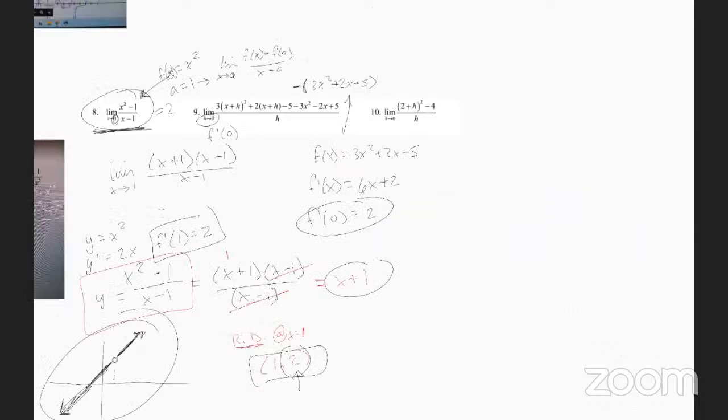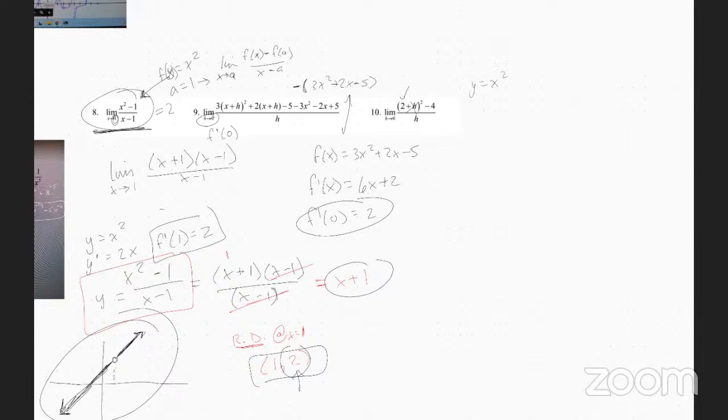Remember, let's use that formula. It's y equals x squared, I believe, right?